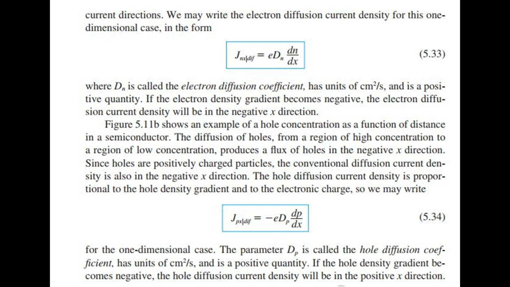The hole diffusion current density is proportional to the hole density gradient and to the electronic charge, so we may write for the one-dimensional case. The parameter Dp is called the hole diffusion coefficient, has units of cm²/s, and is a positive quantity. If the hole density gradient becomes negative, the hole diffusion current density will be in the positive x direction.